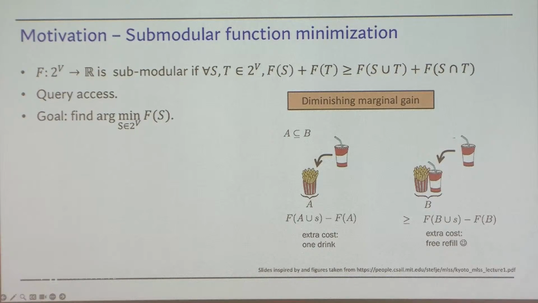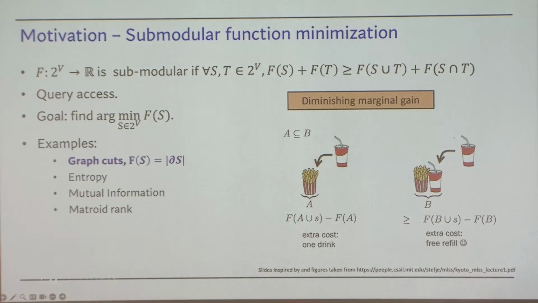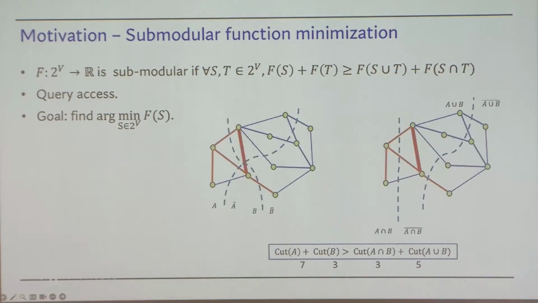Now, this kind of function shows up almost everywhere in any field that uses some sort of combinatorial optimization. For today, we're going to talk about graph cuts, and it's not very hard to see that graph cuts are also submodular functions, and the min cut problem is just a submodular function minimization problem.